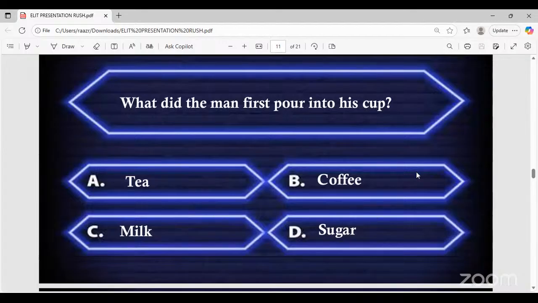Okay, I have put it on the screen. You all can see it, right? So, what did the man first pour into his cup? This is the first question. What did the man first pour into his cup? A. Tea, B. Coffee, C. Milk, D. Sugar. Soon send me the answers, guys.